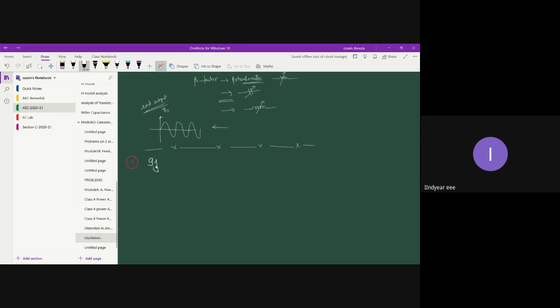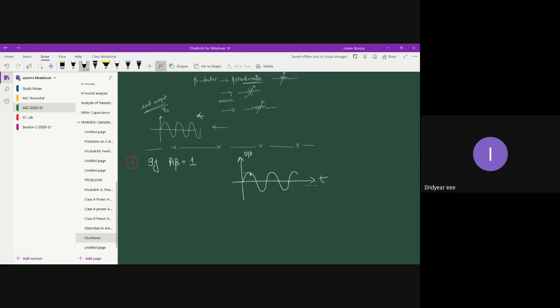If A beta is equal to 1, what kind of waveform are you going to get? You will get a sustained oscillation waveform. So probably I can show something like this. This is your output and this is your time axis. If A beta is equal to 1, your oscillations will be sustained, and it goes on.